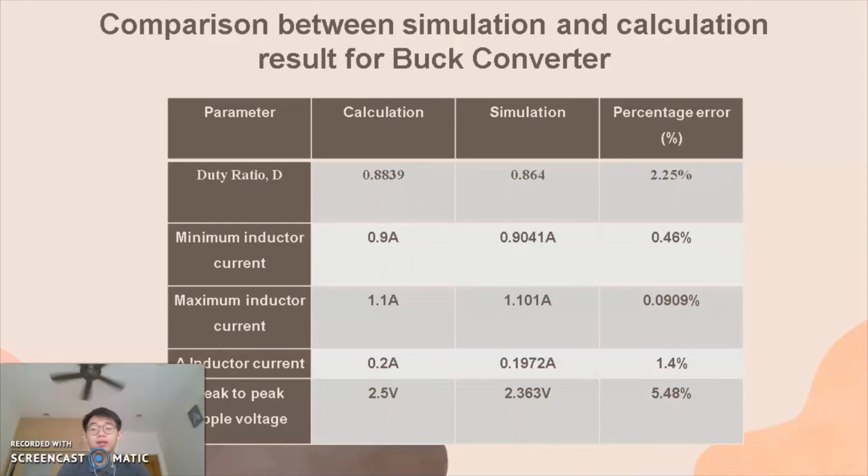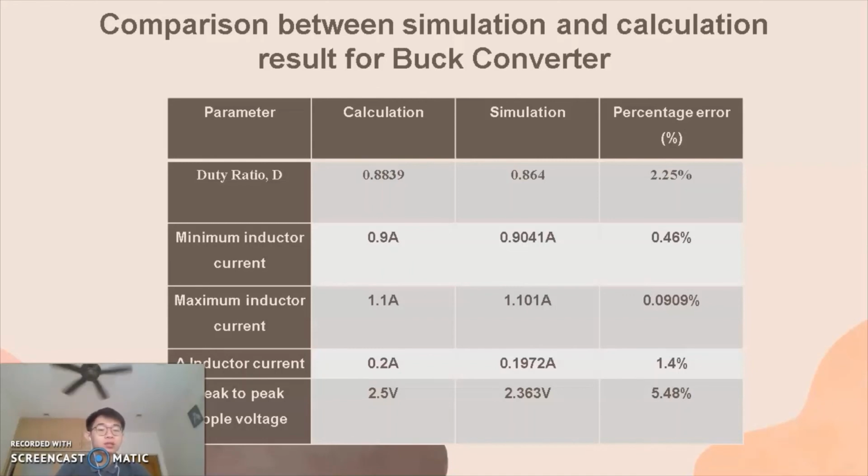For minimum inductor current, calculation gives around 0.9 ampere, while simulation gives around 0.9041 ampere, a 0.46% error. For maximum inductor current, calculation gives 1.1 ampere, while simulation gives 1.101 ampere.